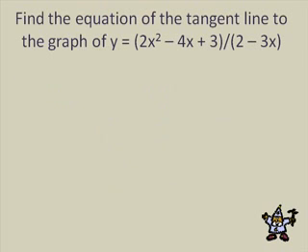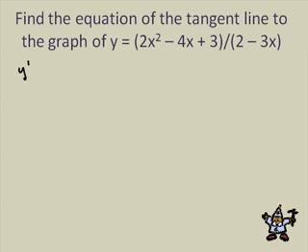Okay, so let's try it here now. This asks for the equation of a tangent line to the graph of this. Notice we have a quotient here. I didn't write it in fraction form, you just have that division sign there. So the first thing we have to do is get the derivative so we can figure out what the equation would be.